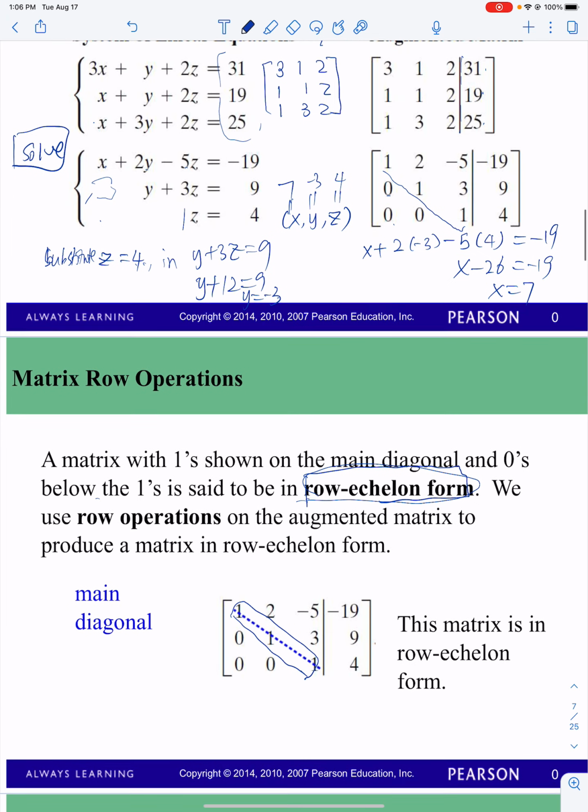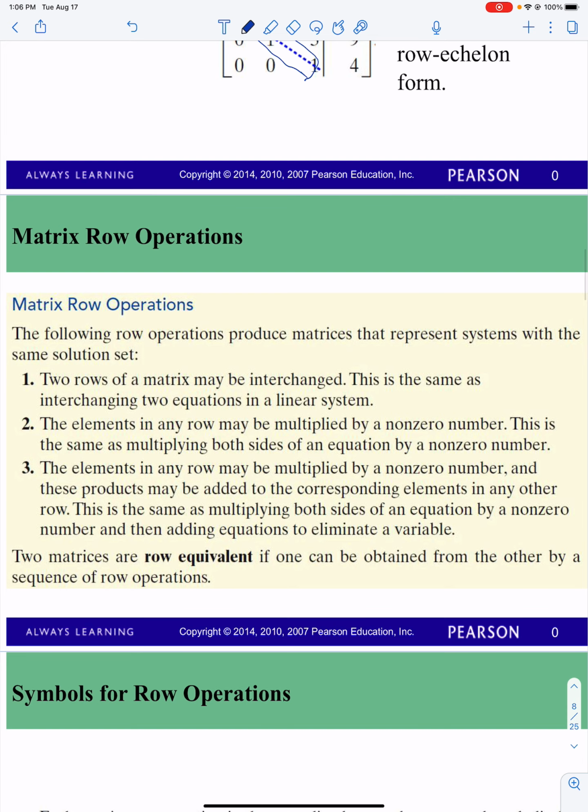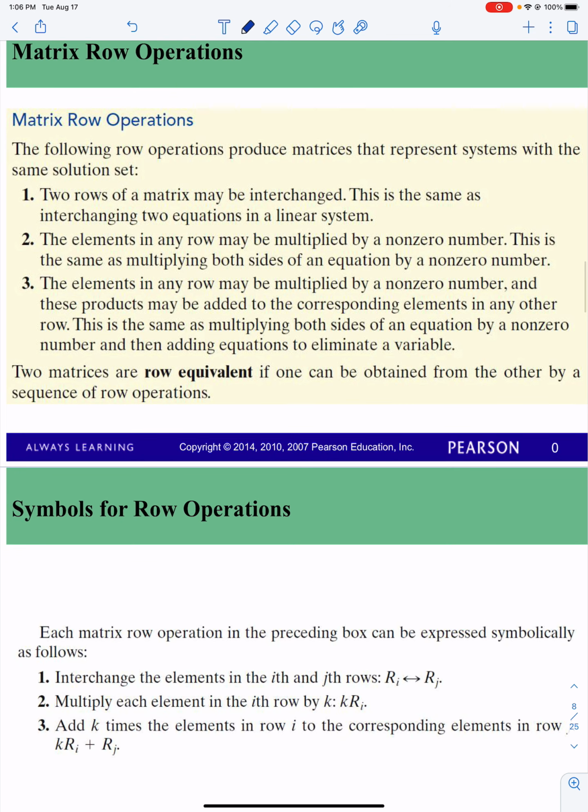Okay, good. So now how could we get the row echelon form? Okay, so we wanted to introduce the matrix row operations. What does this mean? We can do these row operations and your solution set stays the same. Because you do not want to do any row operations that change your solution, and that's not good, yeah.